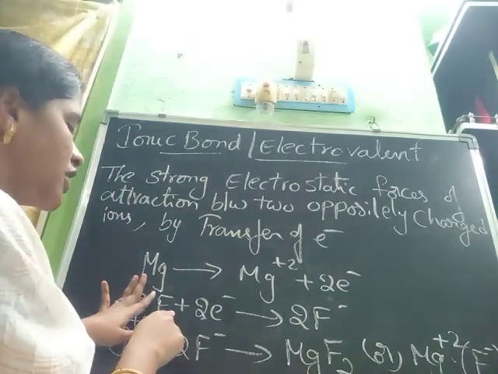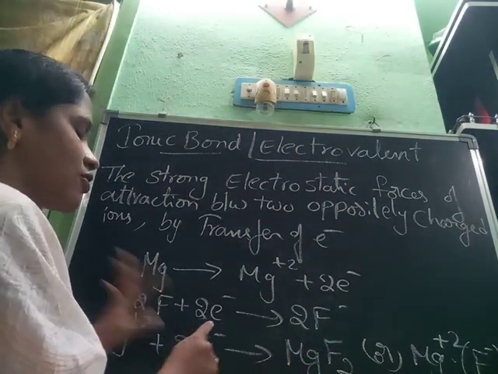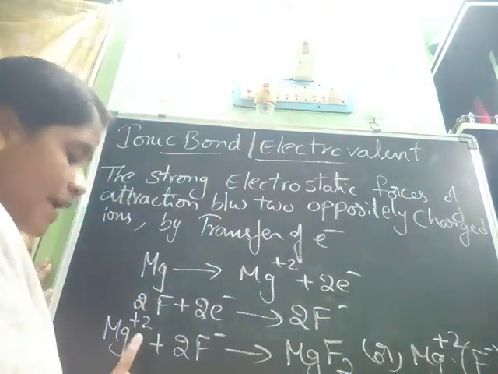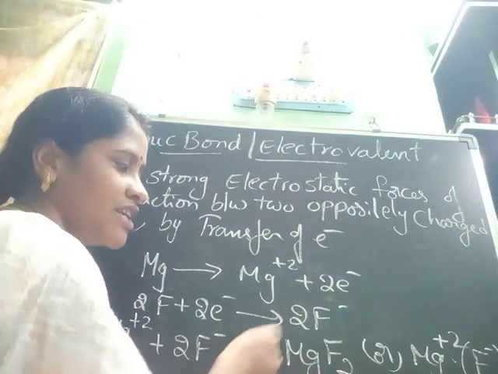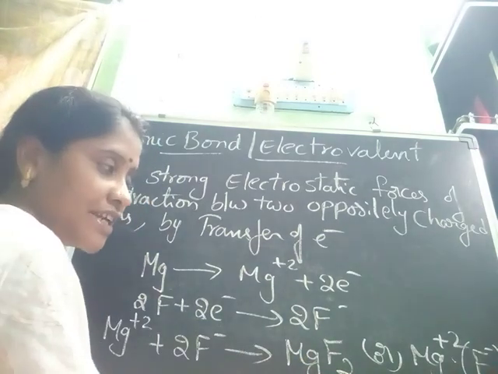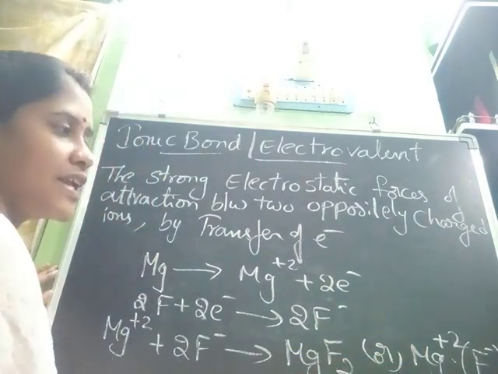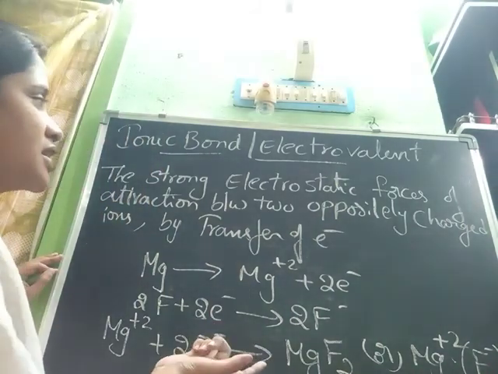So 1 fluorine takes 1 electron, and 2 fluorines together take 2 electrons, giving 2F-. Mg2+ and 2F- give MgF2, magnesium fluoride. Or else we can write it as Mg2+ and F- taken 2 times.